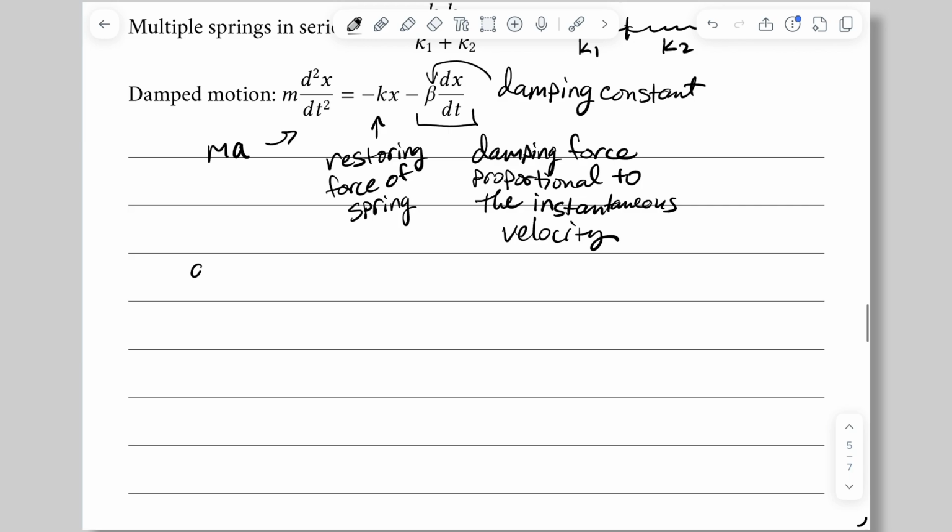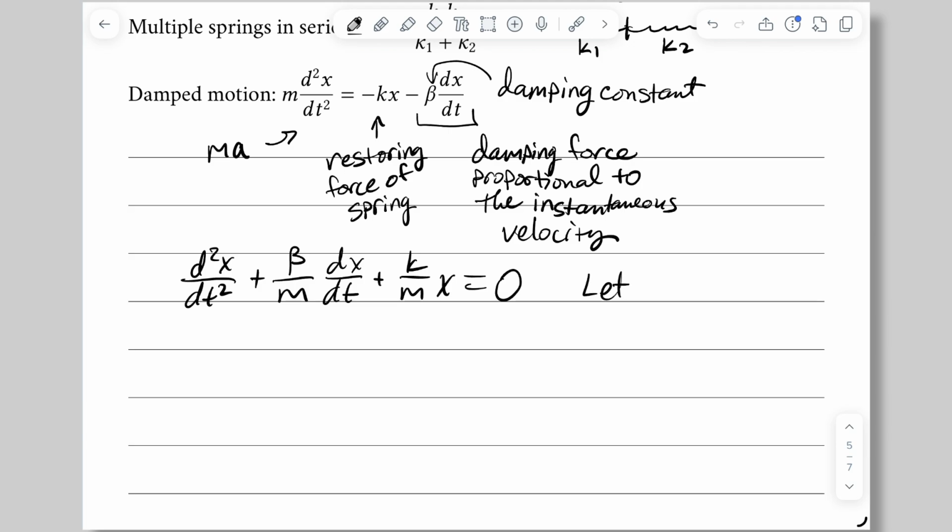This equation becomes d2x/dt2, and what we're about to do is divide both sides by m and then bring everything to the left-hand side, plus beta over m dx/dt plus k over m x is equal to 0.